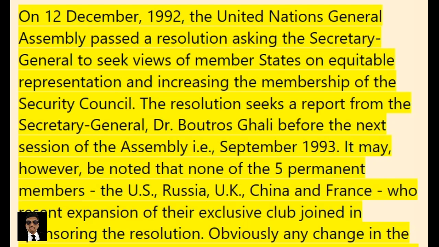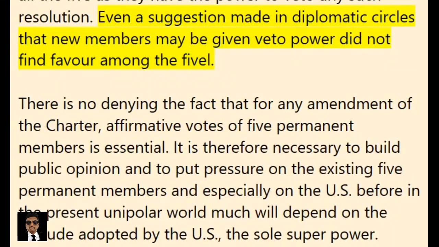It may, however, be noted that none of the 5 permanent members, the US, Russia, UK, China and France, whose recent expansion of their exclusive club, joined in sponsoring the resolution. Obviously, any change in the structure of the Security Council would need approval of all the 5, as they have the power to veto any such resolution. Even a suggestion made in diplomatic circles that new members may be given veto power did not find favor among the 5.